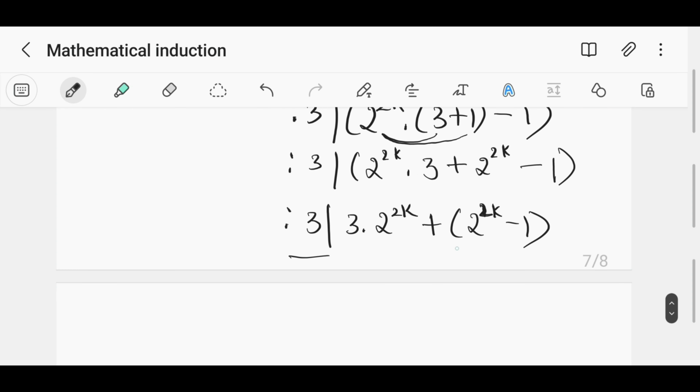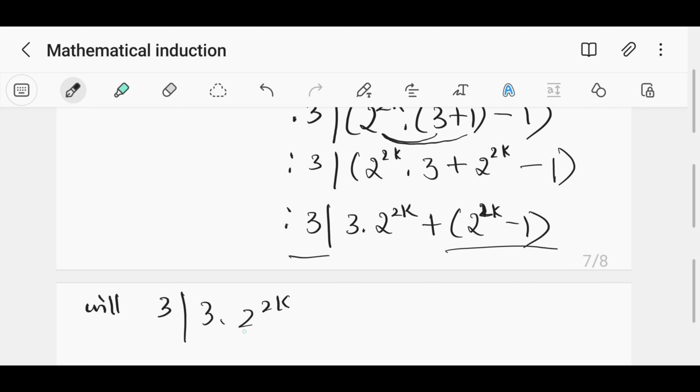Yes, 3 divides 2 to the power 2k minus 1. That is fine. Will 3 divide 3 into 2 to the power 2k? See here you have something that is a multiple of 3.